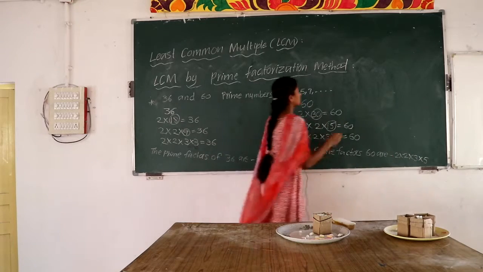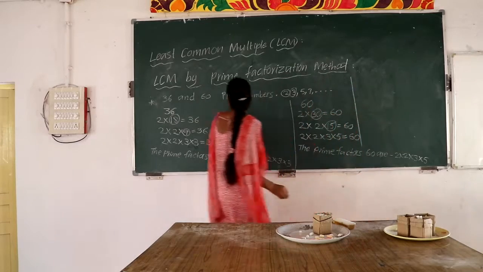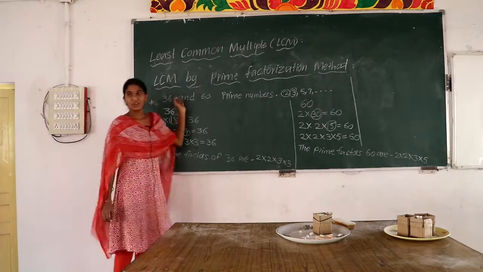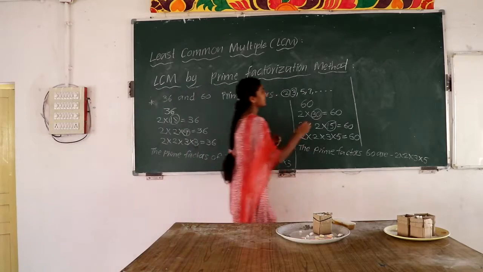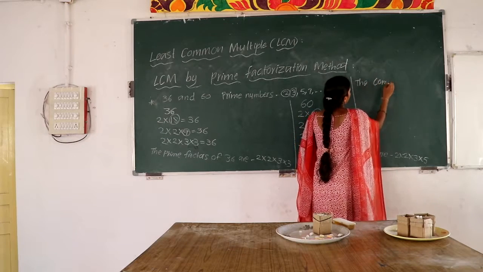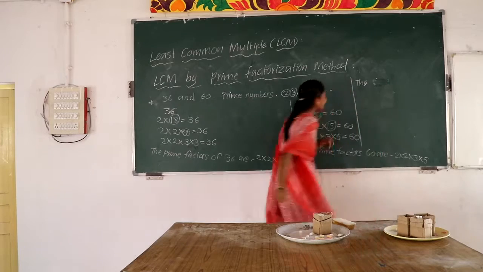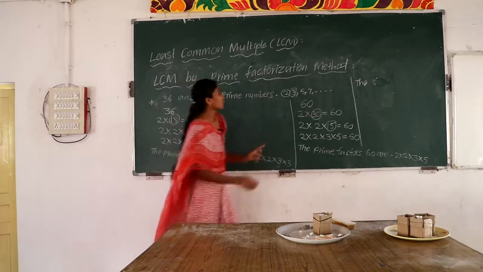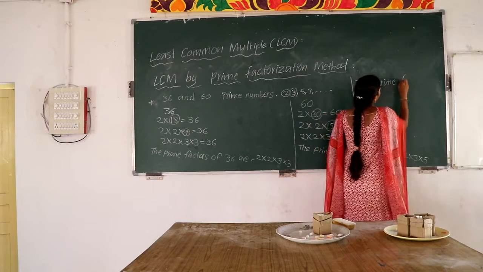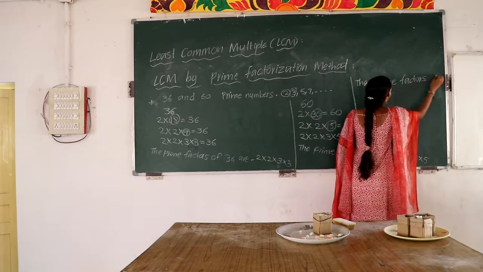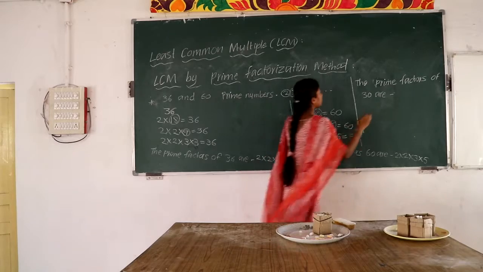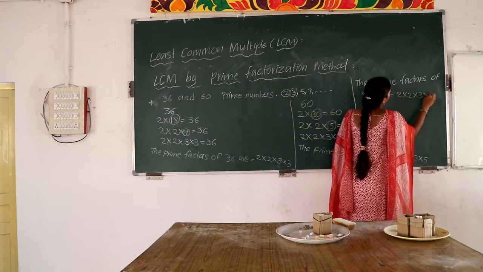Now what do we find? LCM. We take the prime factors. The prime factors of 36 are 2, 2, 3, 3.